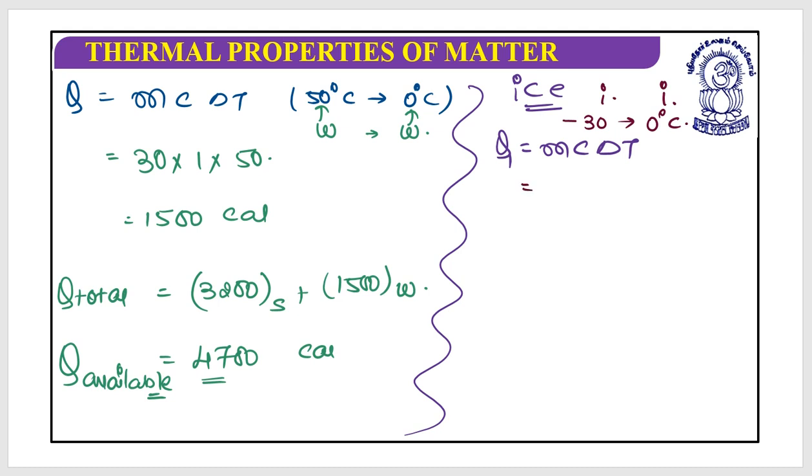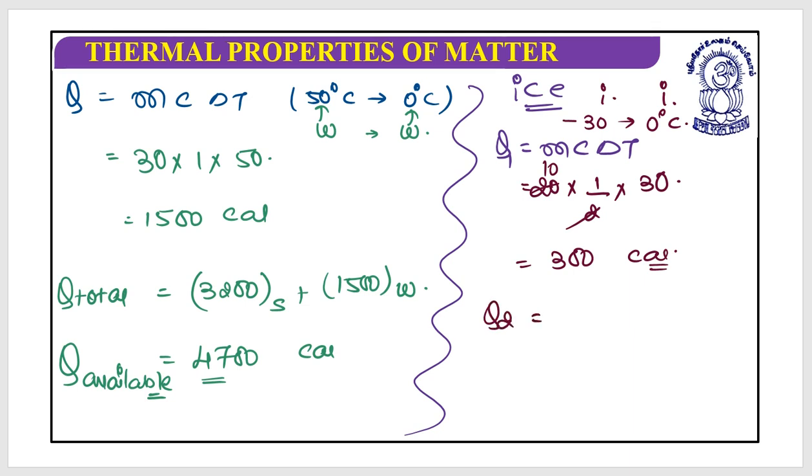So this is equal to mass 20 gram, into C which is half, into delta T which is 30. So 20 twos are 10 and 10 thirties are 300 calorie. This much amount of energy is required to go from minus 30 to 0.